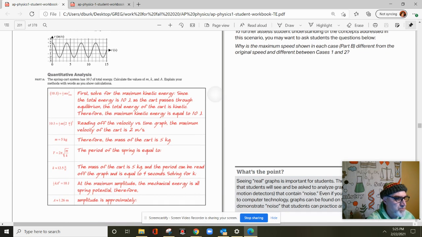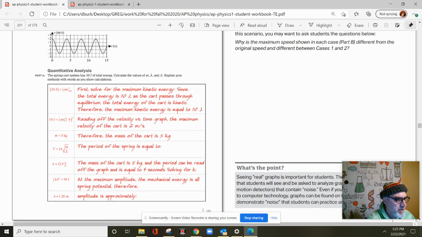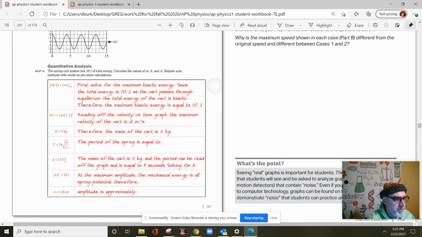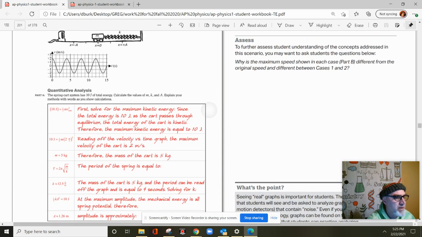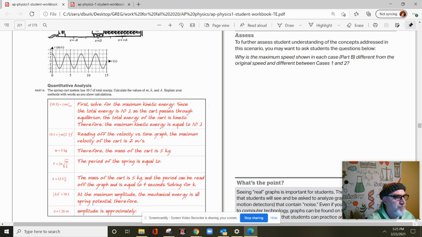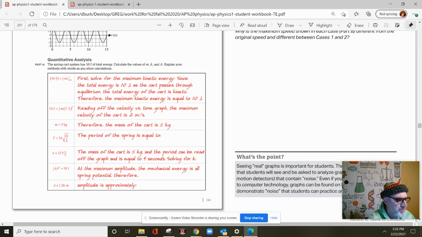And you can get the period off of the graph. The period is equal to 2 pi square root of m over k. And so the period can be read off the graph, right? It looks like it happens between 4 and 8, so about 4 seconds. So the period is equal to 4 seconds, and you can solve for k using 4 equals 2 pi square root of 5 over k.